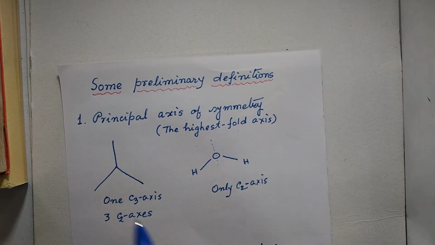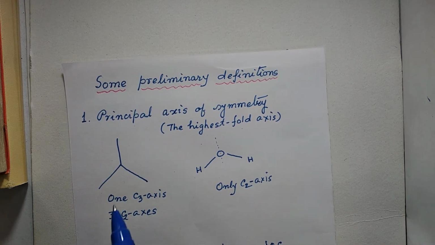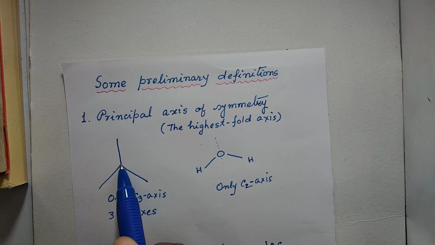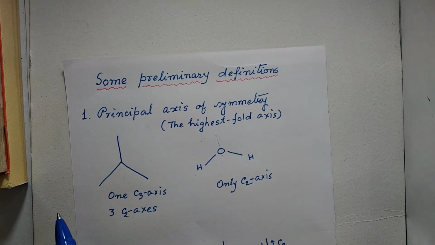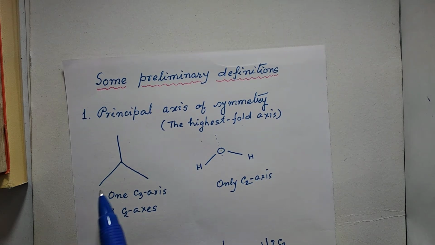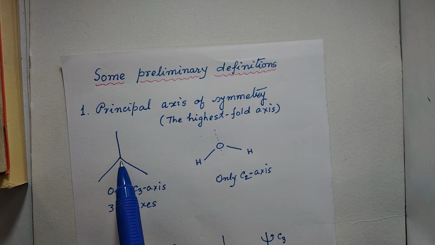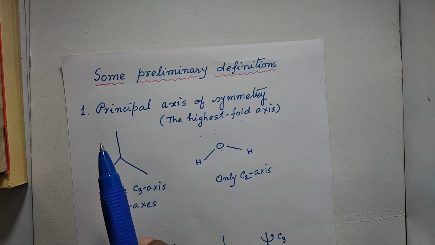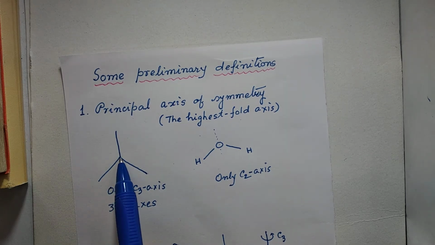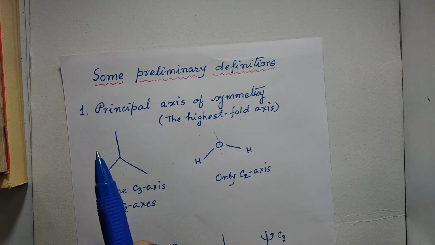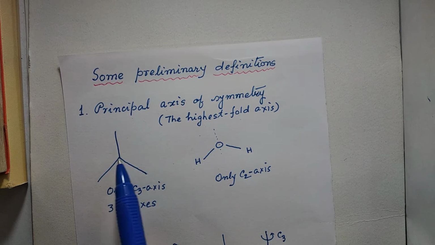For example, if you consider BF3 molecule, like this, here there is the boron atom and these are positions of fluorine atom. Now this molecule has one three-fold rotation axis which is perpendicular to the plane of the molecule. This is the molecular plane and the C3 axis is perpendicular to the plane of the molecule.